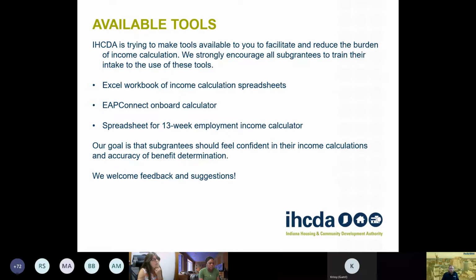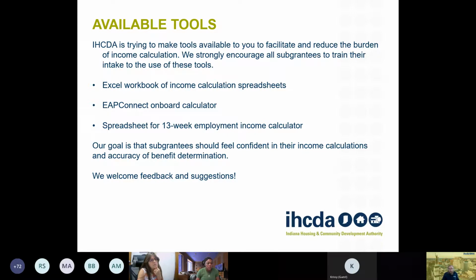In addition, we worked pretty closely with Rowing last year in enhancing the onboard calculator within EAP Connect. And we do have a spreadsheet for the 13-week employment income calculator that we made available to agencies upon request last year.